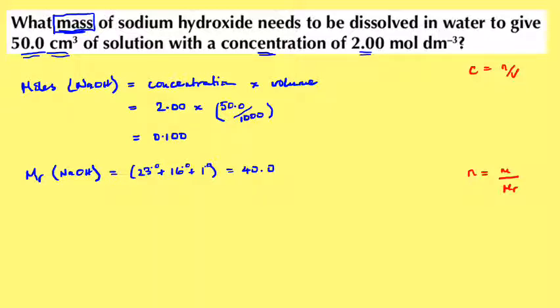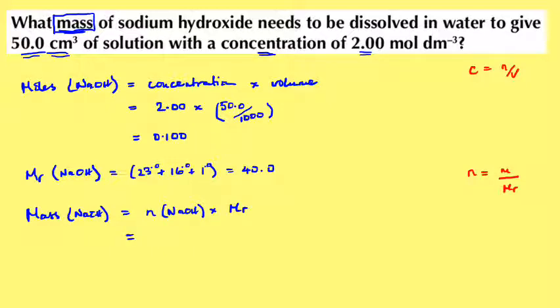Okay, so what we want is mass of sodium hydroxide to answer the question. So we can quickly see from that equation I've written in red that mass is going to be the number of moles of sodium hydroxide times the Mr of sodium hydroxide.